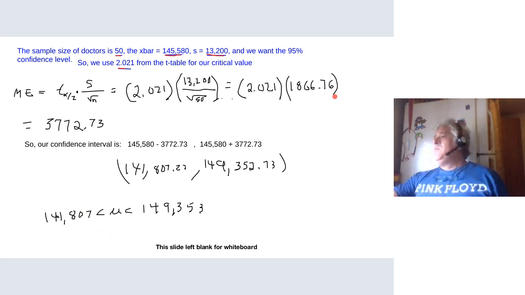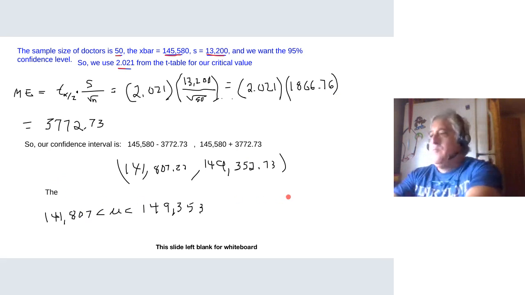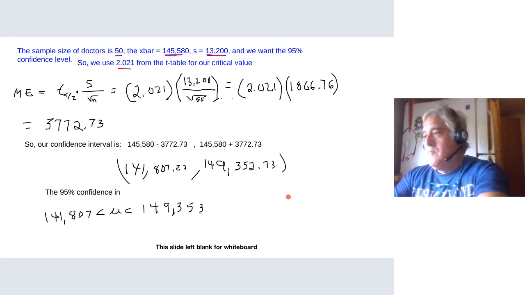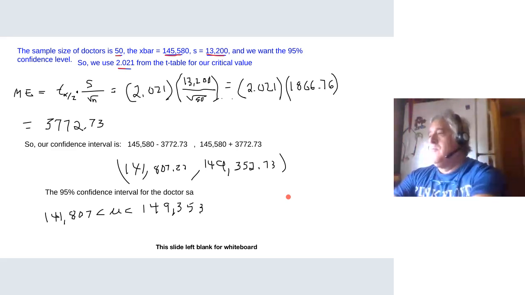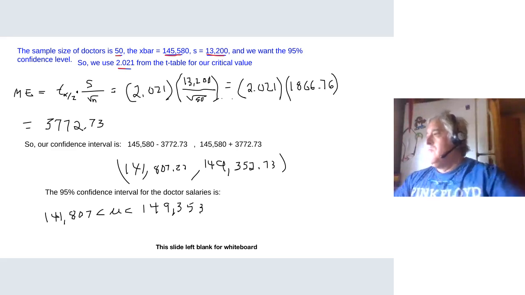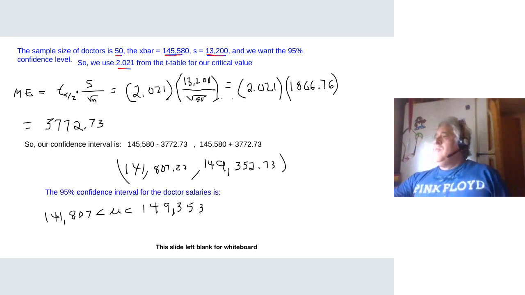So there we go. There's our confidence interval.